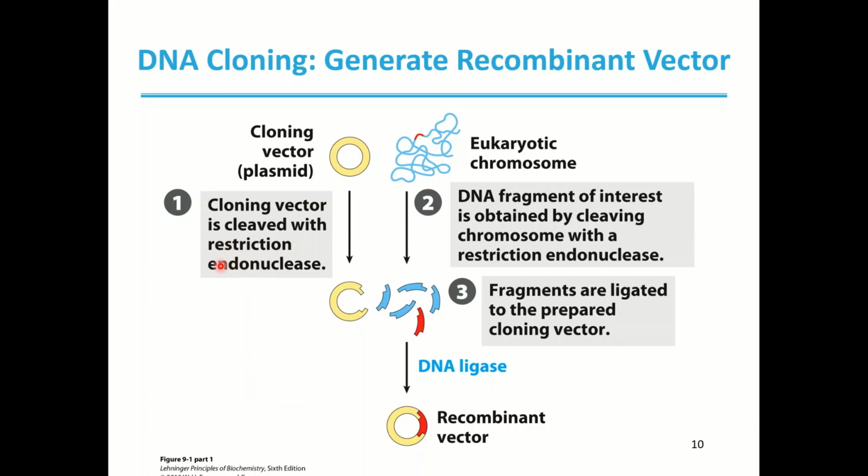The endonuclease part means that it can cut within a sequence of DNA. You also have exonucleases that cut only from the ends of DNA. But when we talk about restriction enzymes, it's usually implied that it's an endonuclease, which you would need for a circular piece of DNA.